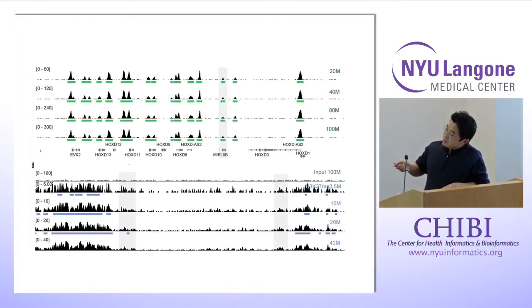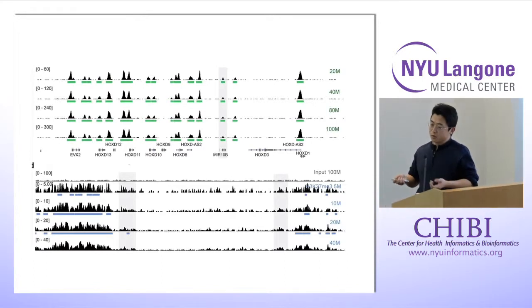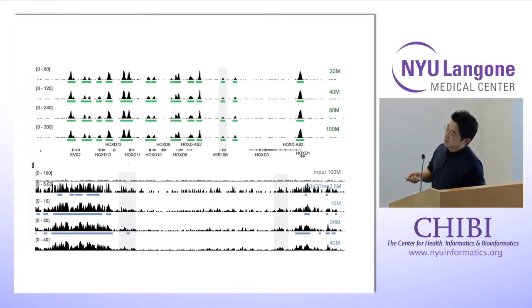For this factor, it's like a point source factor, localized with transcription start sites or promoter regions. You see that with an increased number of reads, the peak distribution stays almost the same. But for H3K27, with an increased number of reads, the profile, the annotated or predicted peaks, are different.